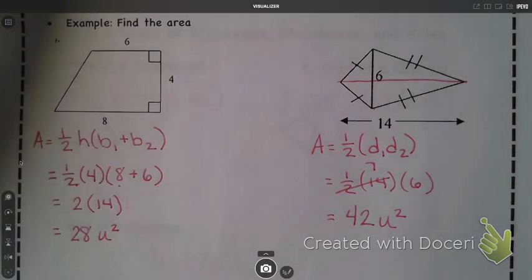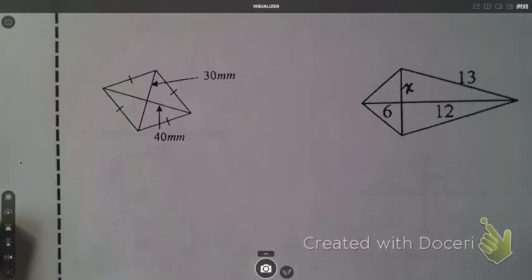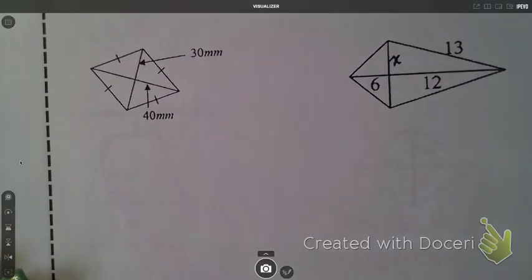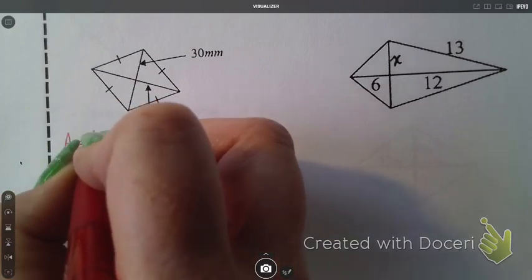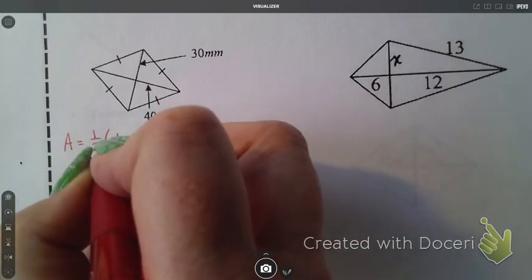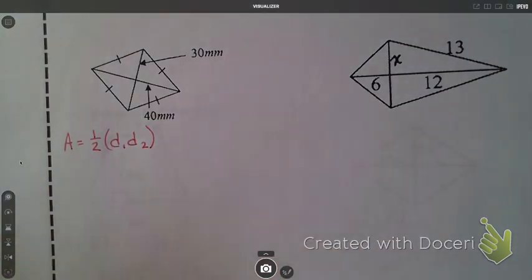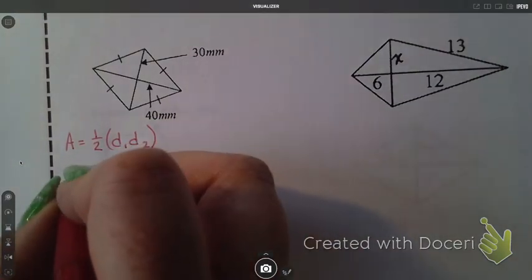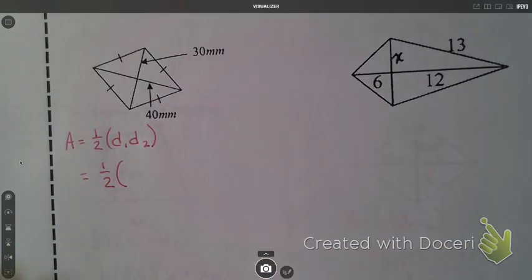Okay, are we ready to move on? Okay, next one. What do we have? A rhombus. So a rhombus is 1/2 diagonal times diagonal. So 1/2. And what are my diagonals? 30 and 40. You guys agree with 30 and 40? 60 and 80.